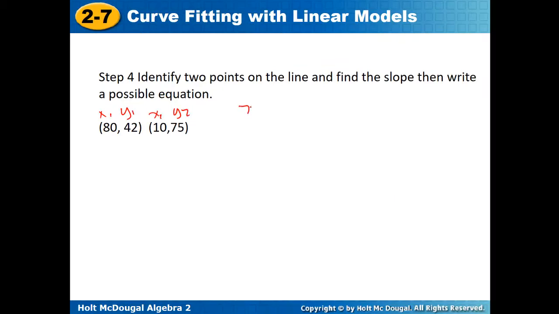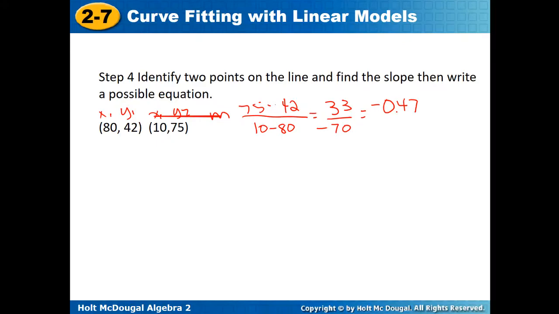So we're going to say 75 minus 42, sorry, I'm doing this on a weird screen today, divided by 10 minus 80. 75 minus 42 is 33. 10 minus 80 is negative 70. When we divide that out, we get negative 0.47. Okay, so that's our m.